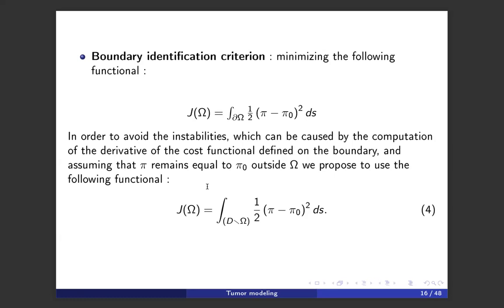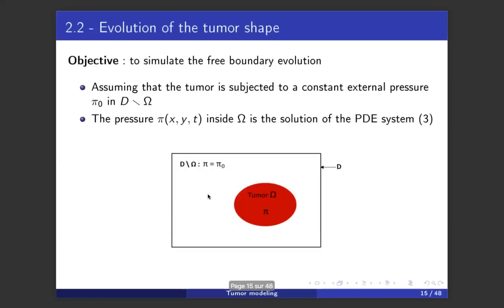And in order to avoid this instability, we can use another functional which is defined on a domain D minus omega.